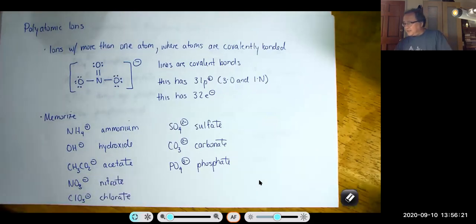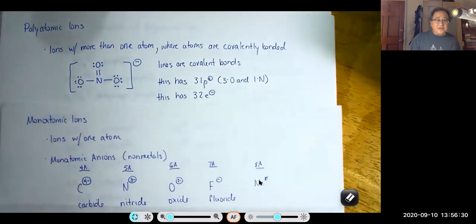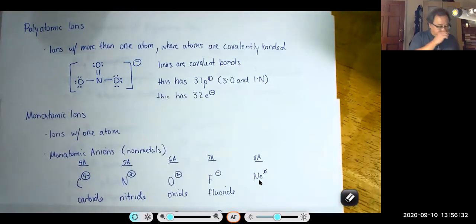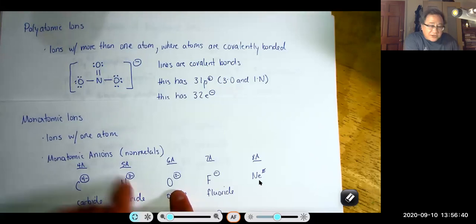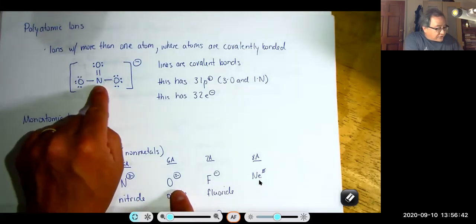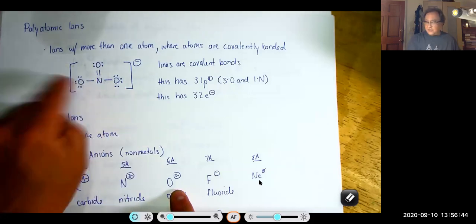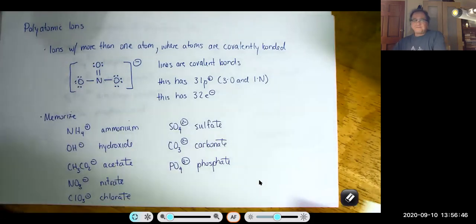Okay. Now, let's take a look at some of these monatomic anions. So nitride is a -3, and oxide is a -2. Is that supposed to be a -3, a -2, a -2, and a -2? Well, let's think about that for just a moment.